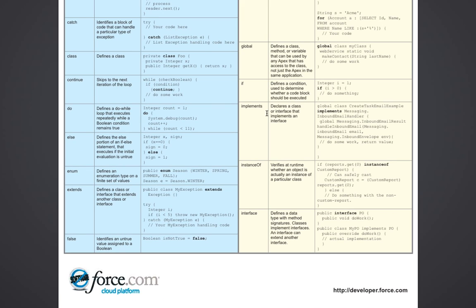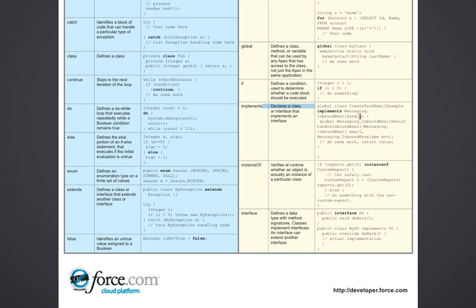The implements keyword: we are taking some features of a class, like the Messaging inbound email handler, and implementing those features in the current class. The implements keyword is useful for implementing from a main class given by Salesforce.